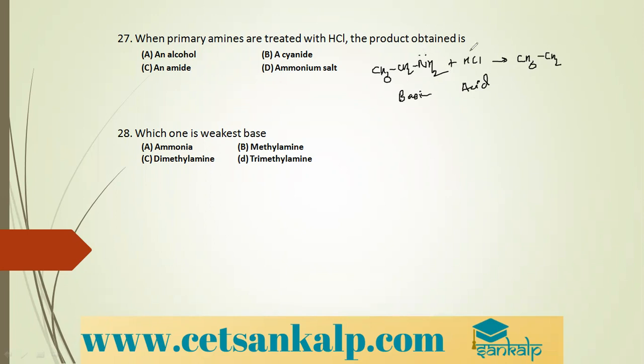NH2 will give its lone pair, and it will form NH3+ and Cl-. So it will form a salt. What type of salt? The name of the salt is ethyl, 2 carbon atoms, NH3+ ammonium chloride. So it is an ammonium salt.